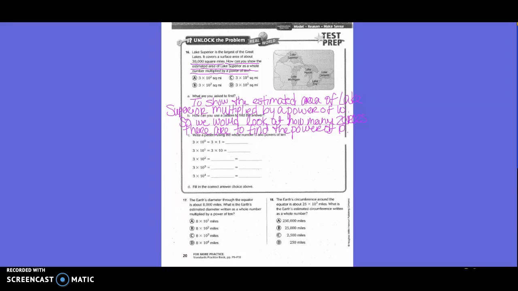Write a pattern using the whole number 3 in powers of 10. So they said 3 times 10 to the 0 power would be 3 times 1. So 3 times 1 is 3. 3 times 10 to the first power would be 3 times 10.